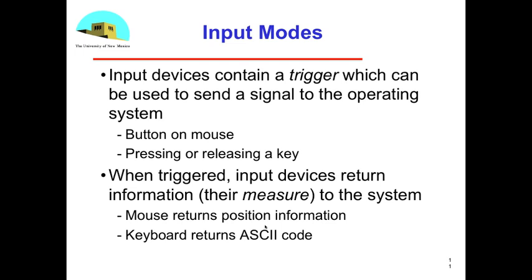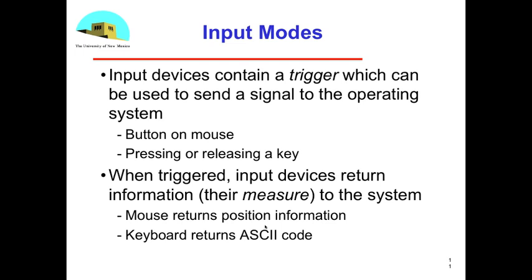That is called its measure, and it depends on the particular device and its capability. If it's a mouse, trackball, trackpad or touchpad, it generally returns the position. It might also return other information as part of the measure, but the most important thing is position. If it's a keyboard, it returns the code of the key that's pressed and perhaps some other information. A mouse might also return which button you triggered it with, a typical thing it would return.